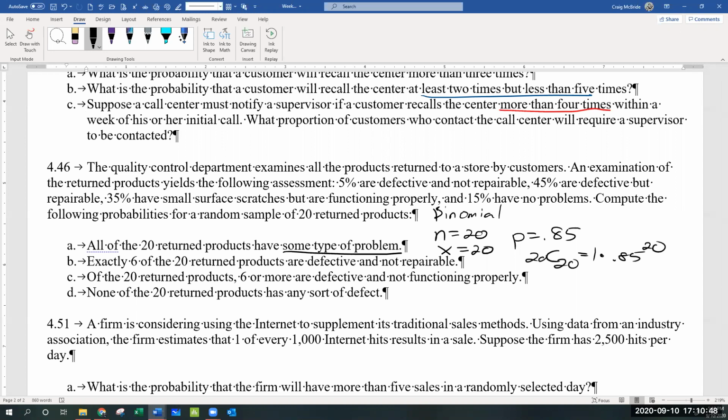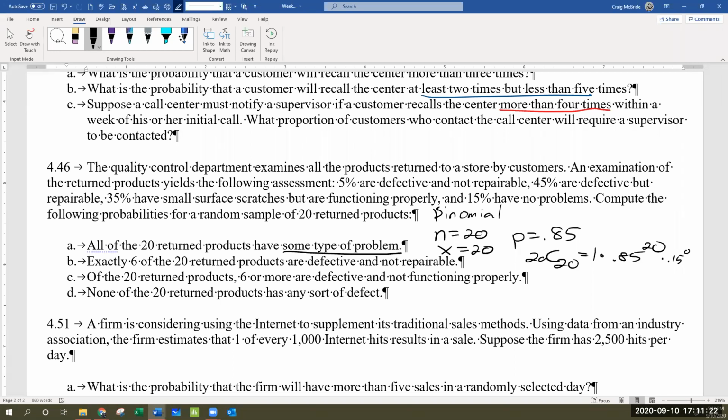Because that's the binomial formula: you calculate the number of ways you can do it, which is 20 choose 20, then times the probability of success raised to the number of successes, and then technically you do times the probability of a failure, which is 0.15, raised to how many failures we have, but in this case we have 0 failures, and we know anything raised to 0 is just 1.